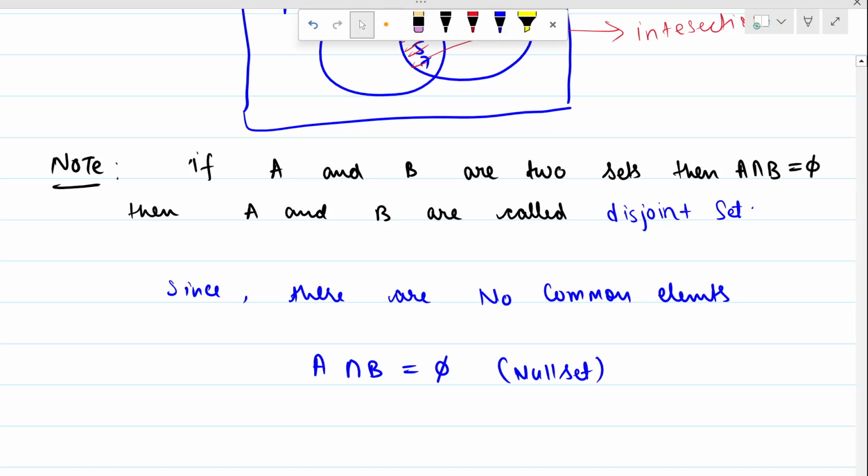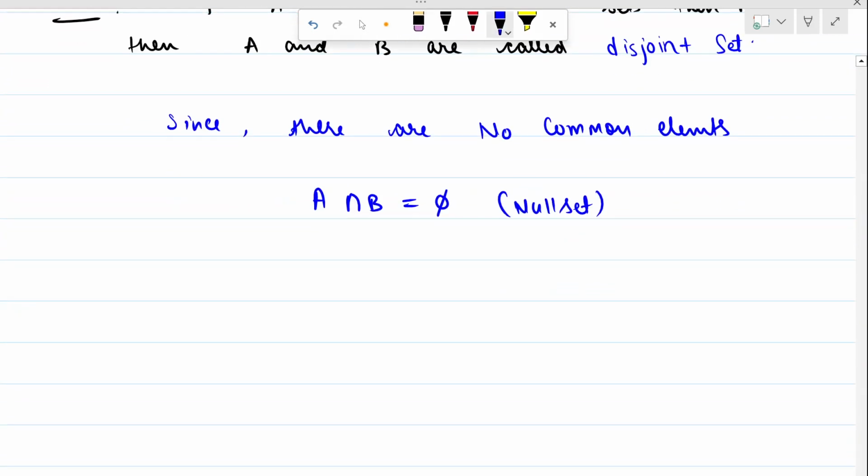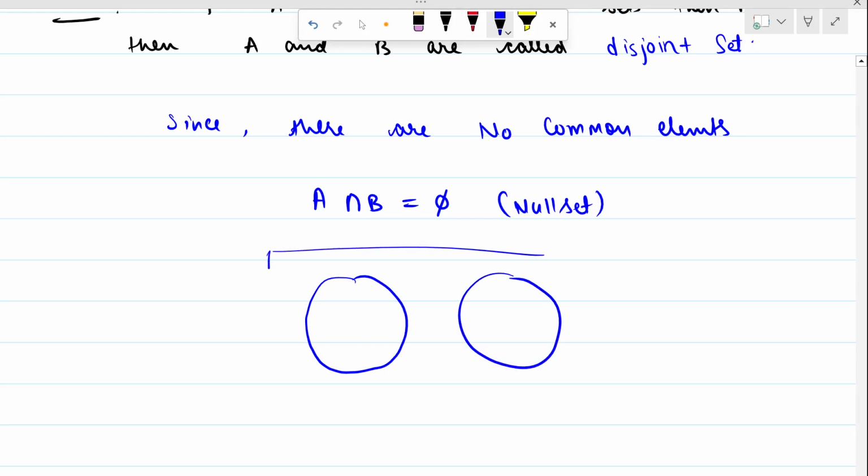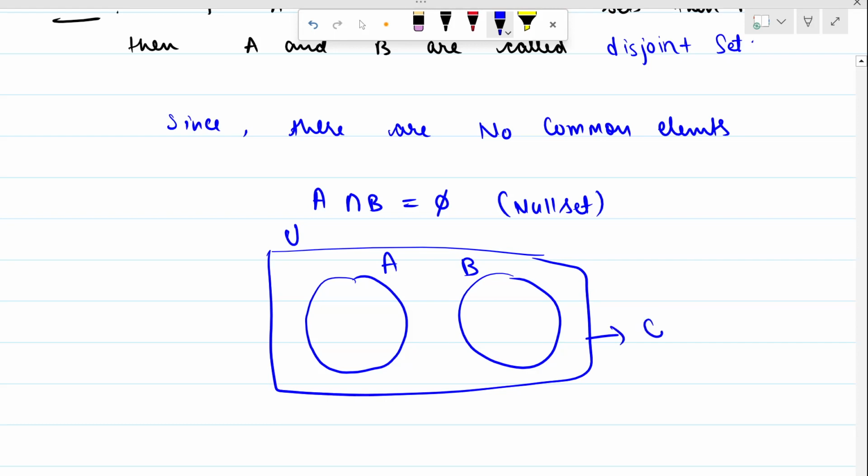So in the Venn diagram it will look like this. We have two sets A and B. There is no intersection between the two sets, no common elements, no common region, no common area. Hence the sets are disjoint sets.